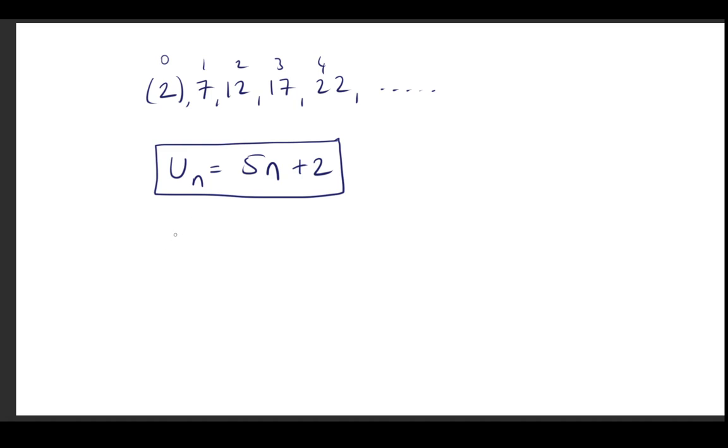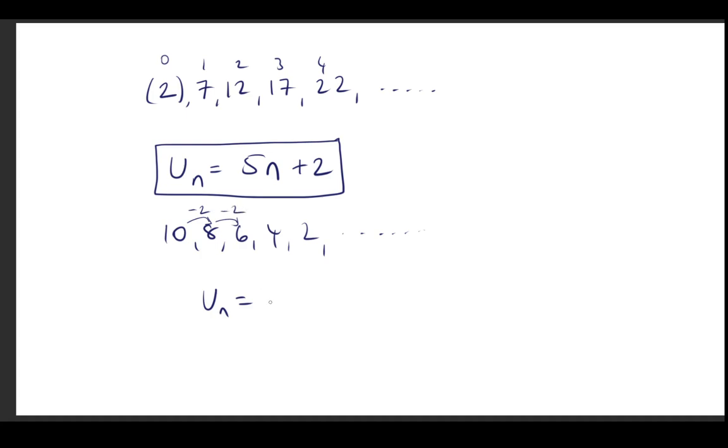Now, sometimes the sequences are going down. So we may have something like 10, 8, 6, 4, 2. That's a linear sequence. What's the formula for this? Well, what's the difference between the numbers? This time it's going down by 2, so it's basically -2 each time.